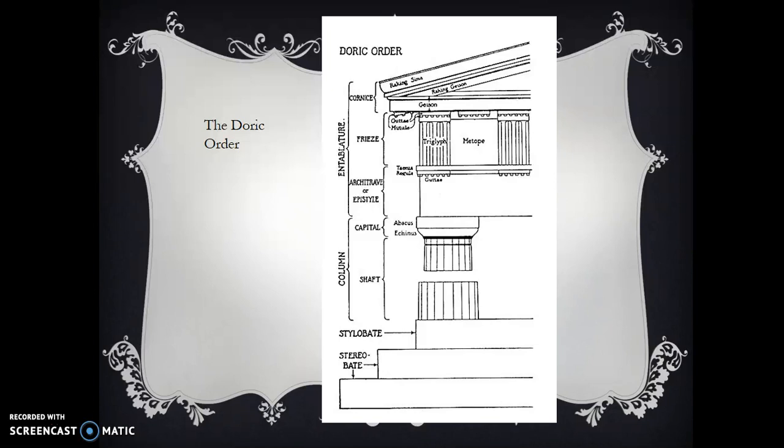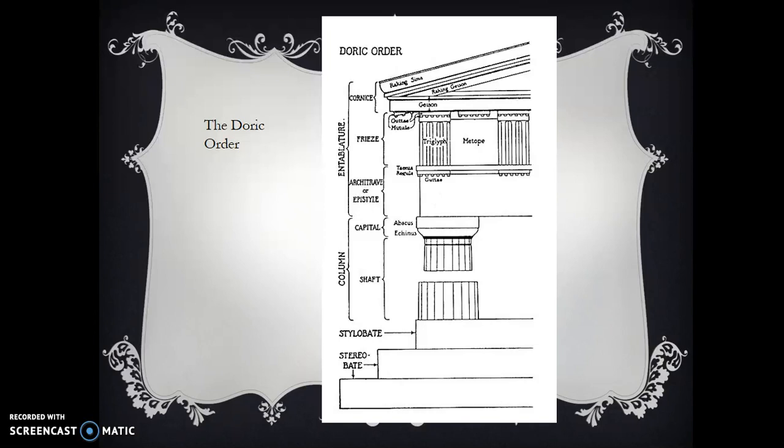Doric elevation, you have major categories, and it's broken down here into categories. The entablature is everything on top of the columns, so this entire space here is called the entablature. The architrave is the beam that supports everything onto the column.